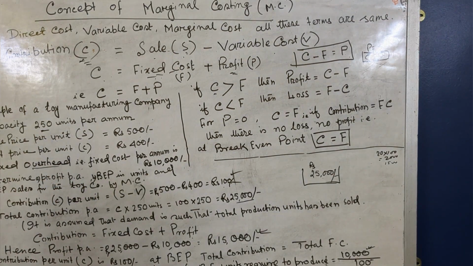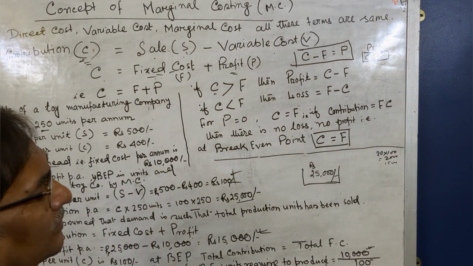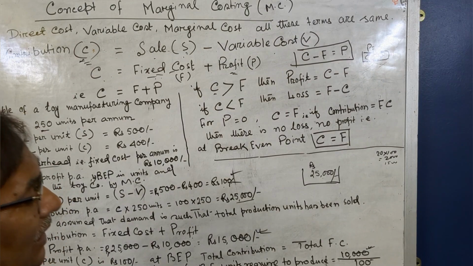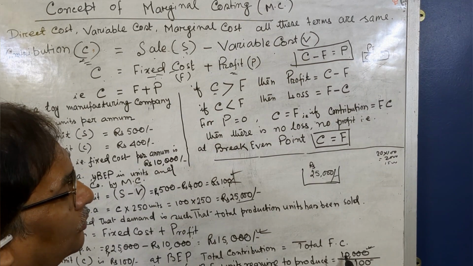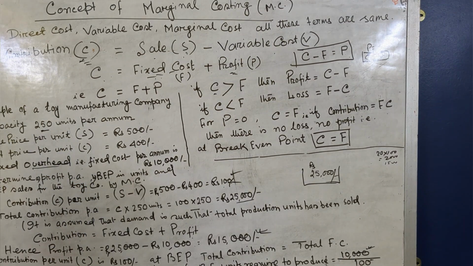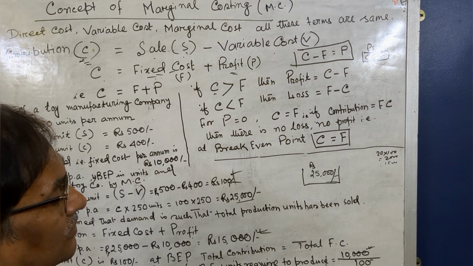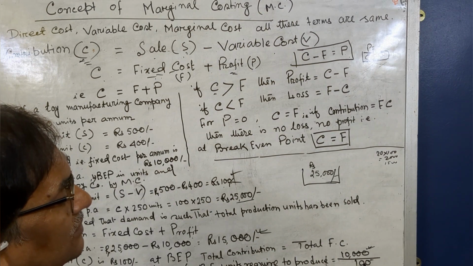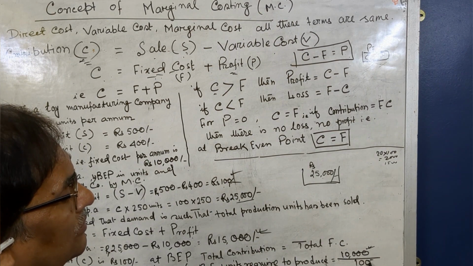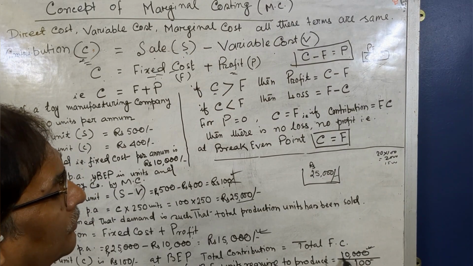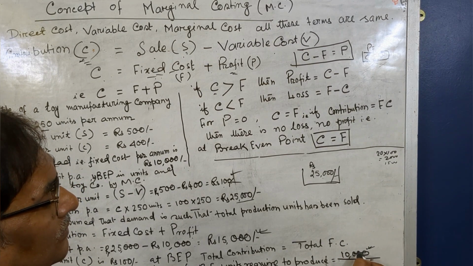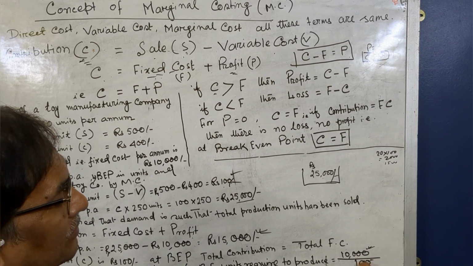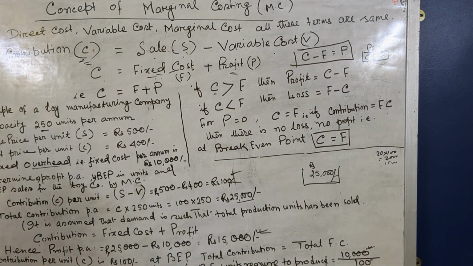Then how many units are required to produce and sell in the market so that you can get a total of 10,000 rupees of contribution to cover the fixed cost? Per unit gets 100 rupees of contribution, so simply divide 10,000 by 100, that is 100 units.